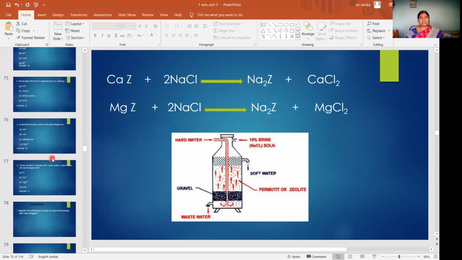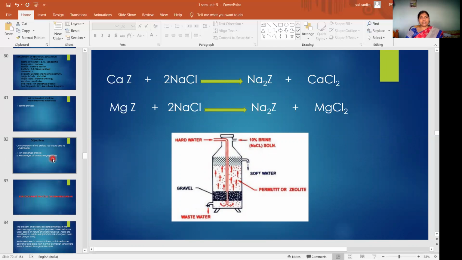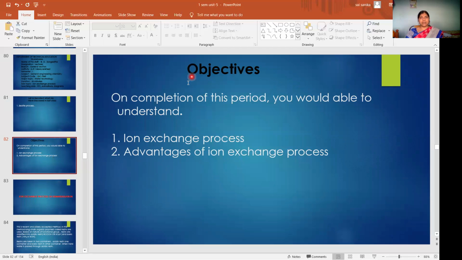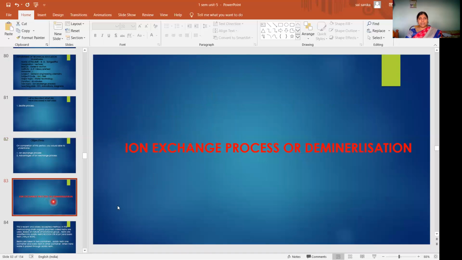So today we will discuss ion exchange process. What are the objectives? After completion of this topic, you would be able to understand the whole ion exchange process and the advantages of ion exchange process. The ion exchange process is also called demineralization.